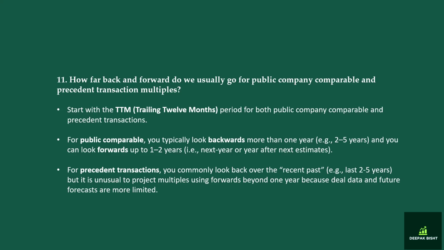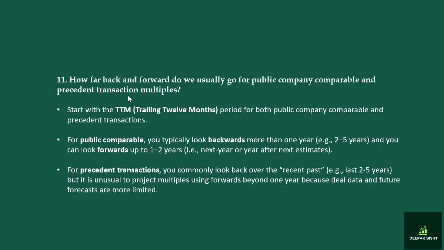This difference occurs because public company comparables provide regular disclosures and analysts cover those companies and forecast their financials, so you can reasonably project the future. But precedent transactions involve the complete sale of a company, which may be private or lightly covered, and the future performance of the target is typically opaque because it's a private company now.